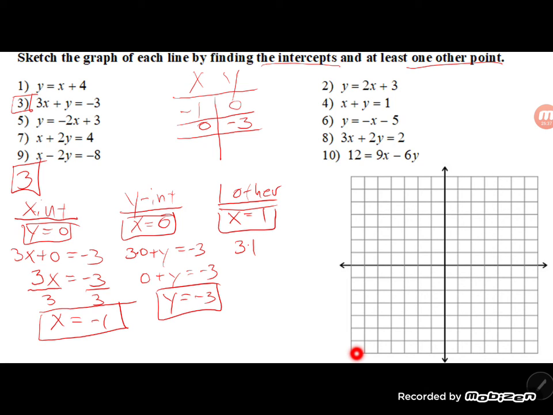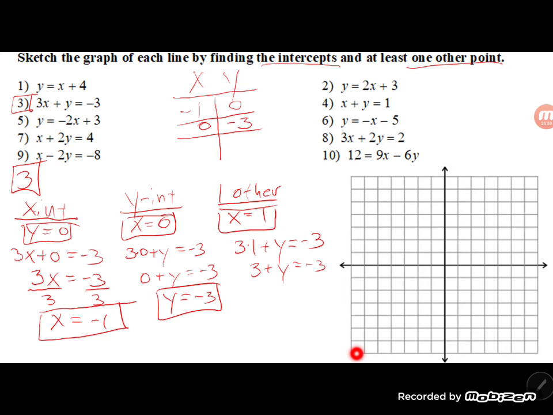I plug in 1 for x, so 3 times 1 plus y is equal to negative 3. Now I first have to calculate 3 times 1. That's not hard to calculate, but you do technically have to calculate that first before you go forward.